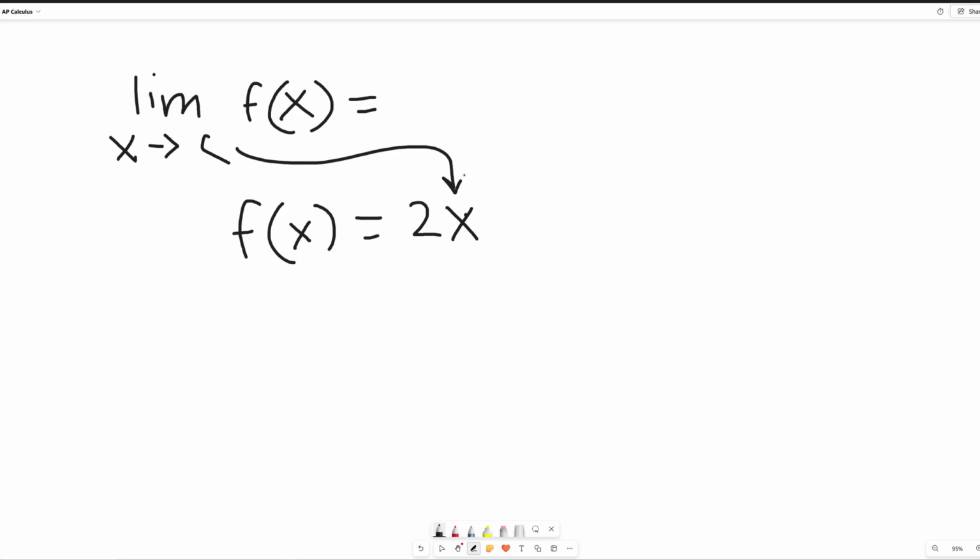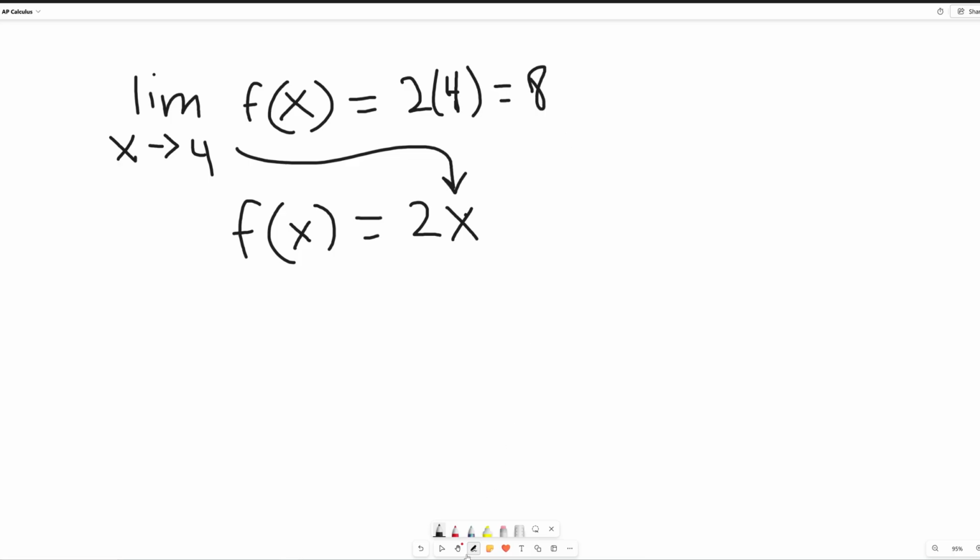You can just plug c directly in. We'll have 2 times c. If you have the limit as x approaches 4, for example, you just have 2 times 4, which is going to be 8.